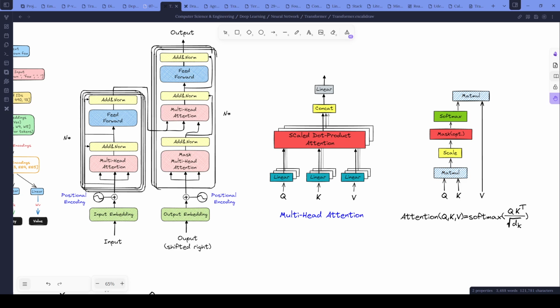The key, query, value concept is appropriated from the database management system, where we have a query, and with some key, we can query into the database and retrieve some value from the database using the key.